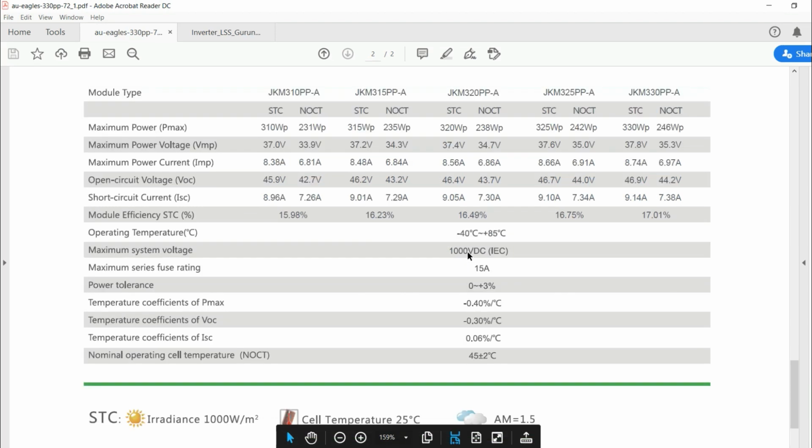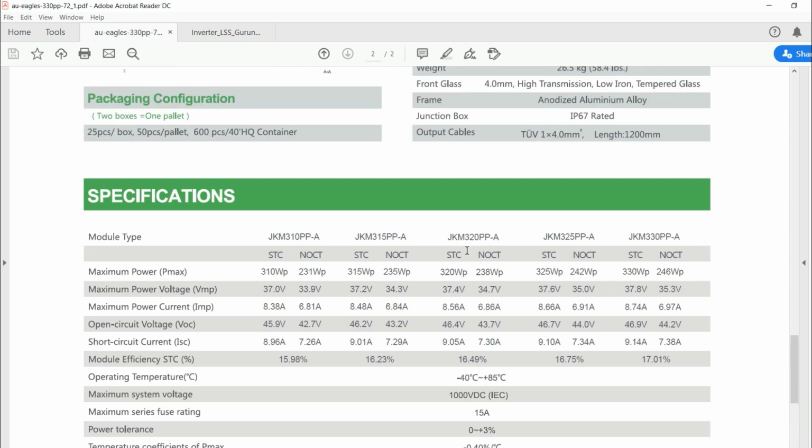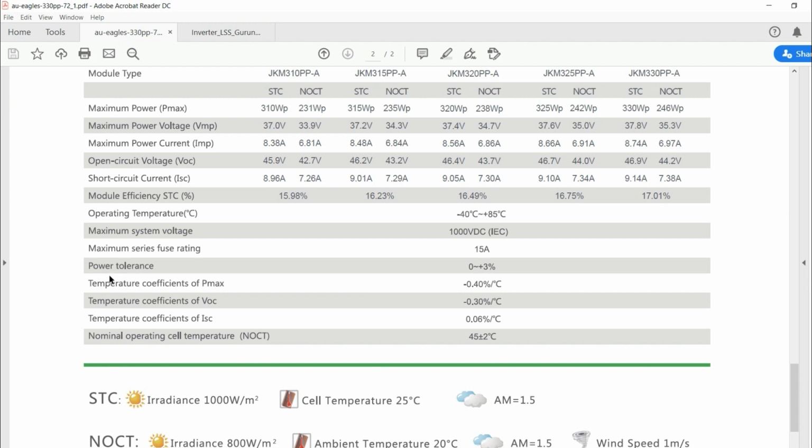The datasheet usually has three temperature coefficients. The temperature coefficient of Pmax is minus 0.40% per degree Celsius, meaning for every 1 degree Celsius the power will drop by 0.4%. The temperature coefficient of VOC means for every 1 degree Celsius increment the voltage will drop by 0.30% during open circuit.